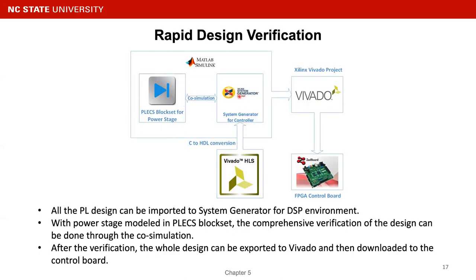And in the System Generator environment, we can import our HLS design and also our HDL files to run a co-simulation between those two environments. And then after the co-simulation, we can export our design into the Vivado environment, and then we can synthesize it and finally download it to the FPGA control board.